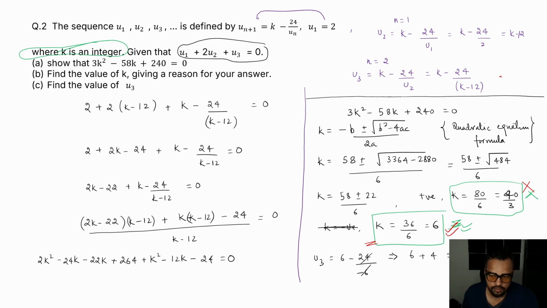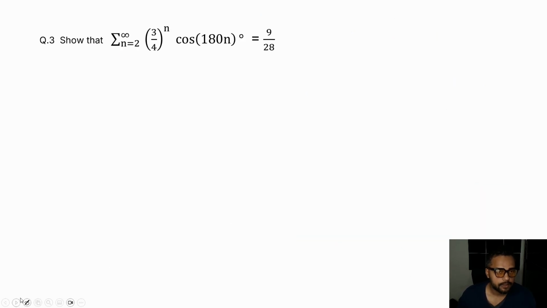So we are getting this u3 value as 10. So this was our solution, students, that u3 we have got as 10. Okay, now let's move to the next question.